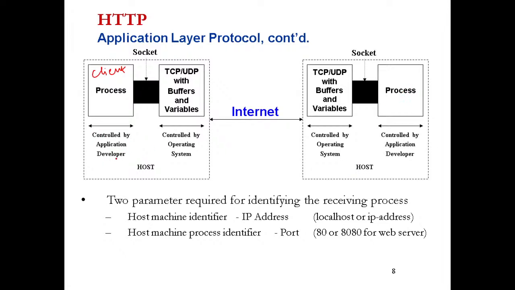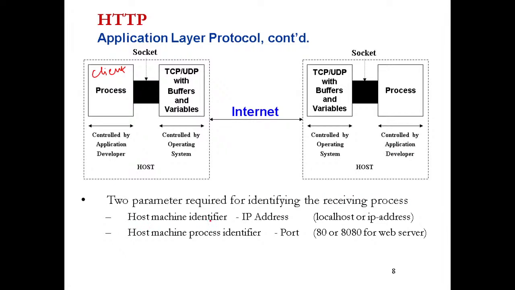The process is controlled by the application developer, and the parts controlled by the operating system are shown here. Here again, the operating system of the receiver, and the part controlled by the application developer is in the application layer. Two parameters are required for identifying the receiving process.